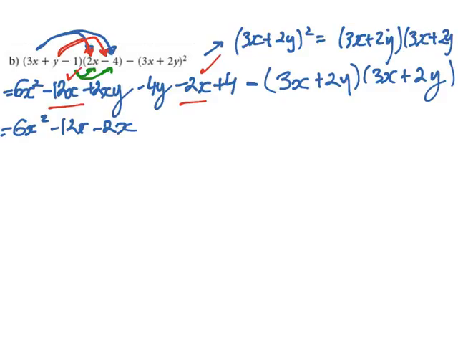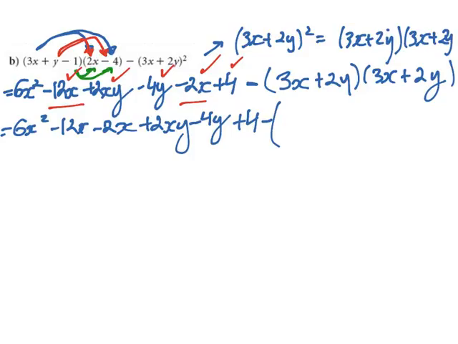And recopy everything else, 2xy. So I've used it, give myself a little check mark. I also have negative 4y, check mark, and a positive 4. And now I'm going to expand, but I'm going to keep the bracket, the multiplication of these two identical polynomials.